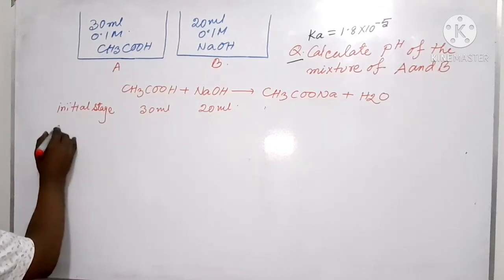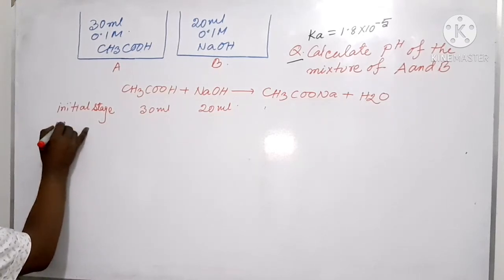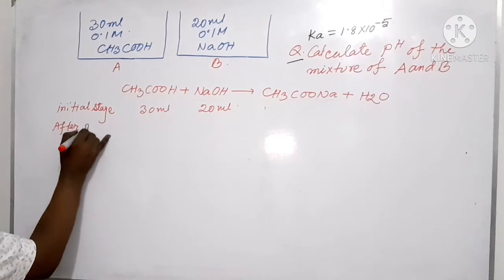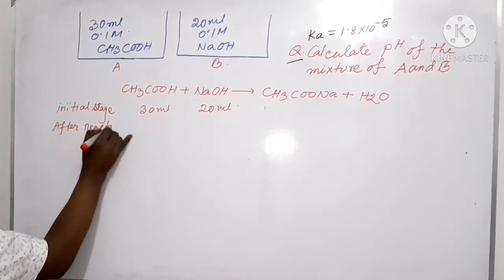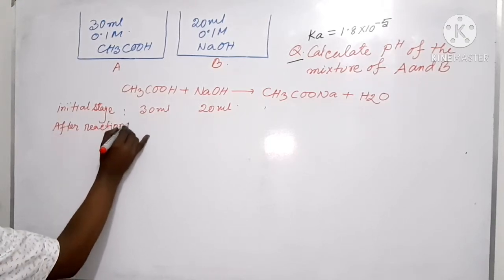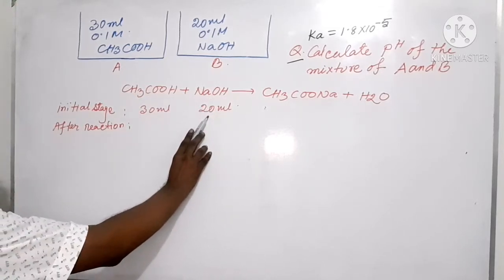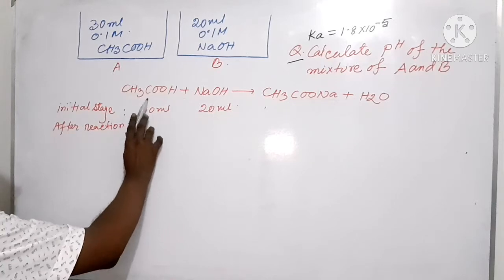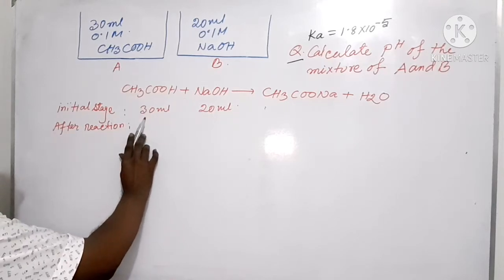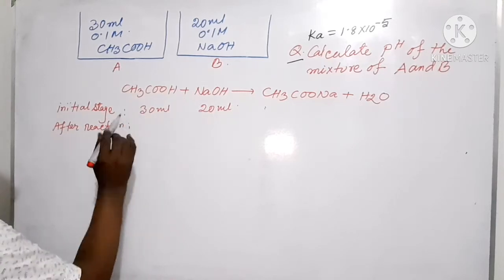So after reaction, the 20 ml sodium hydroxide reacts with 20 ml acetic acid.